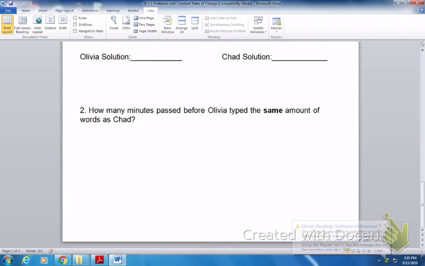Let's go to this last piece here. It says, how many minutes passed before Olivia typed the same amount of words as Chad? Well, this is a pretty good question for something we're going to do in the future. First, I know Olivia's equation was y equals 45x. And I know that Chad's was y equals 36x plus 90.